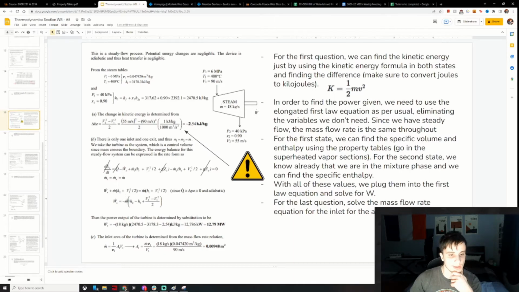They put a negative sign over here because they do the same thing with the specific enthalpy. It's not the inlet minus the exit, it's the exit minus the inlet. But you should get the same answer. So my advice is that you just follow the first law equation given to you. It'll make the most sense. It's inlet minus exit all the time.